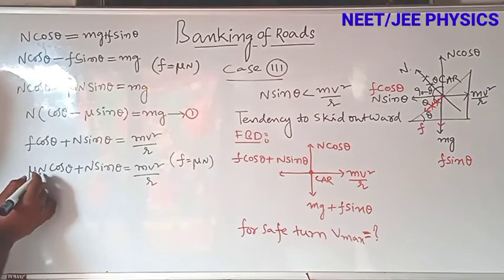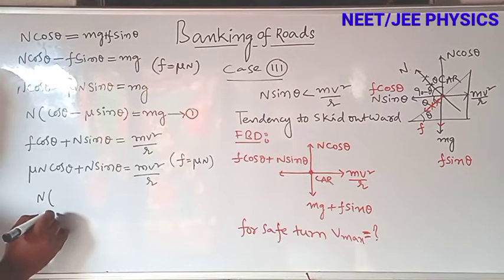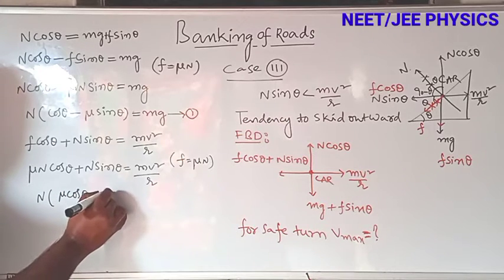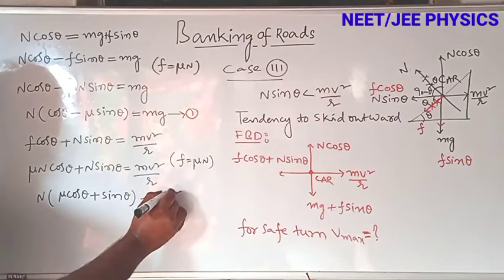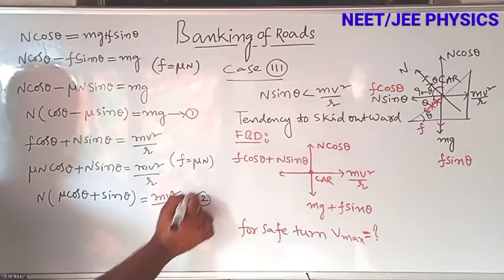I am taking N common: N of mu cos theta plus sin theta equals mv square by r. Let us call this equation 2.